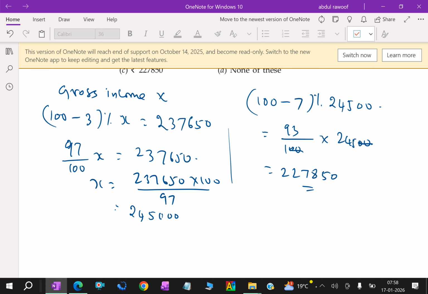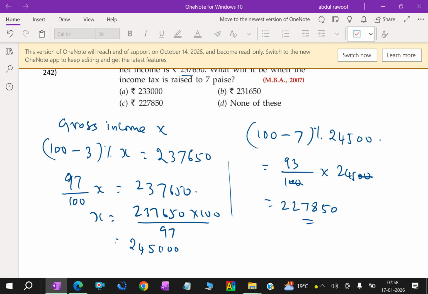This much. Therefore, which is option C.